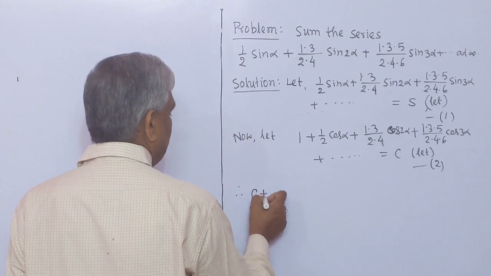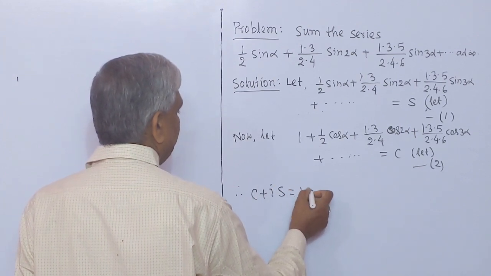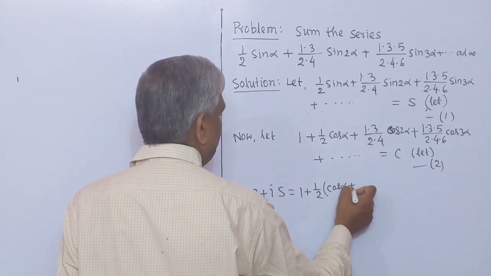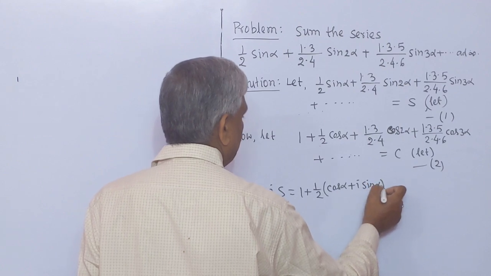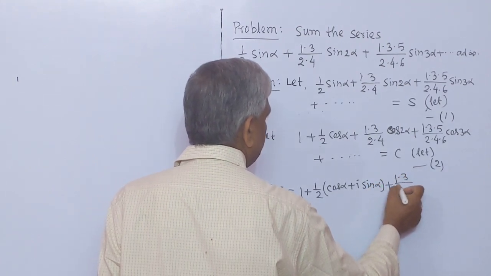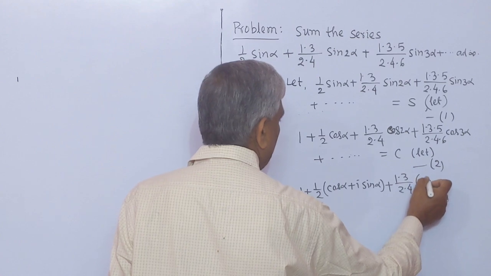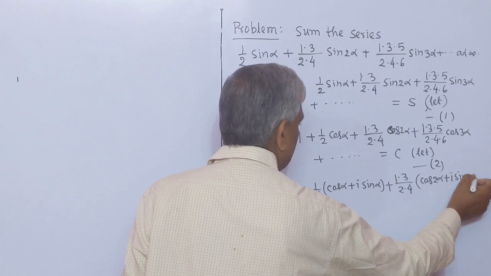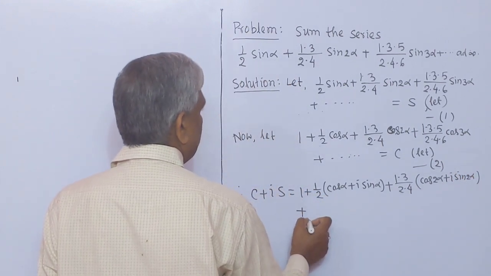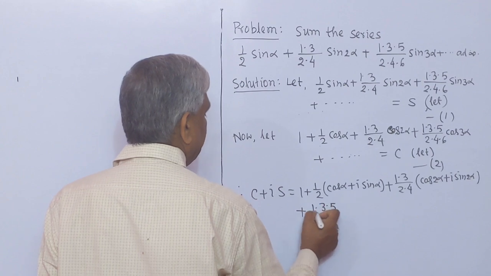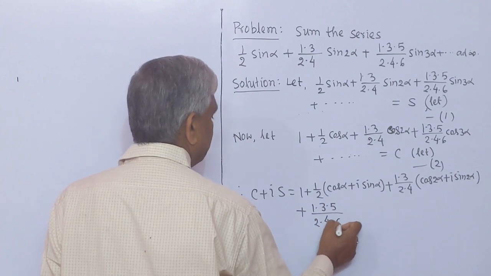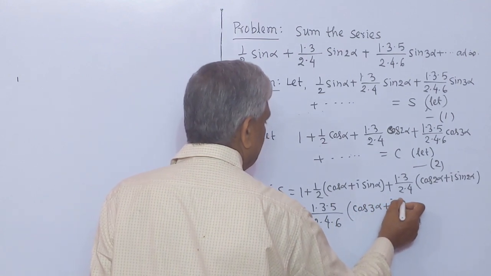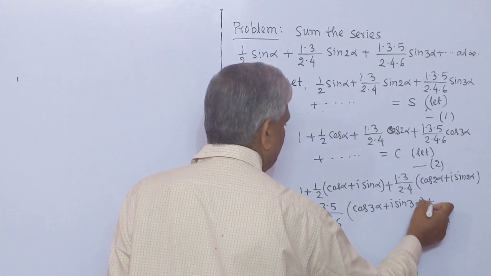Therefore C plus iS equal to 1 plus half (cos alpha plus i sin alpha) plus 1 multiply 3 by 2 multiply 4 (cos 2 alpha plus i sin 2 alpha) plus 1 multiply 3 multiply 5 by 2 multiply 4 multiply 6 (cos 3 alpha plus i sin 3 alpha) plus dot dot dot.